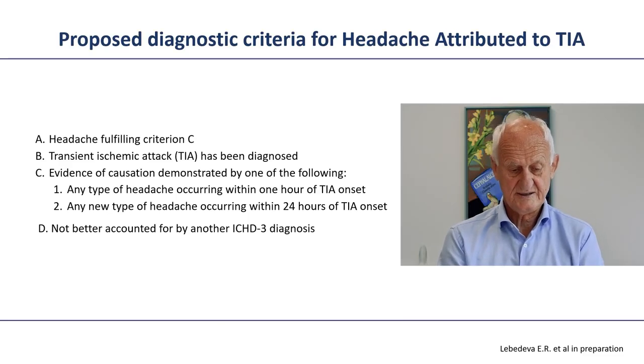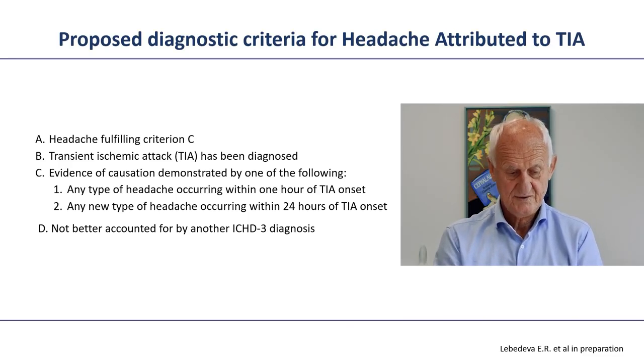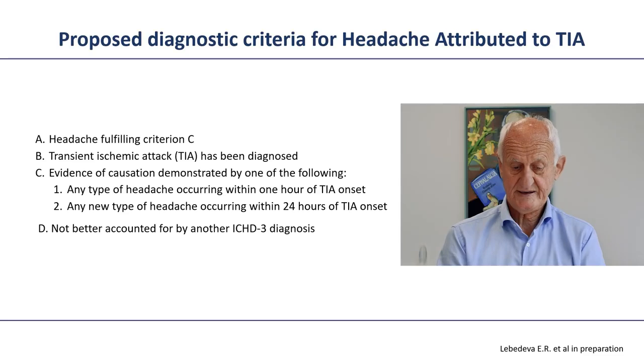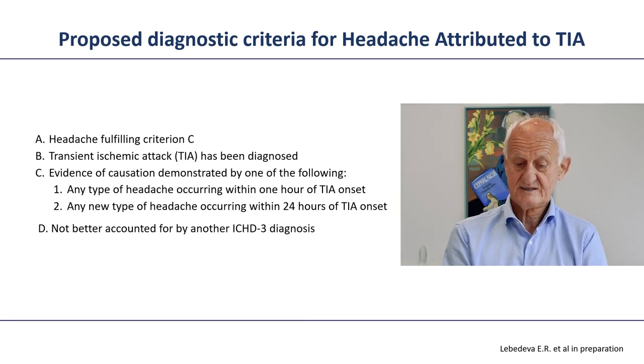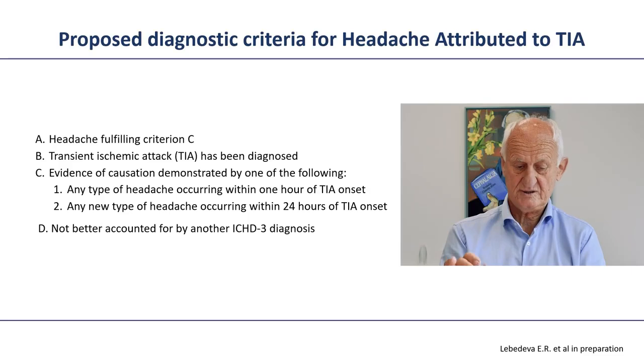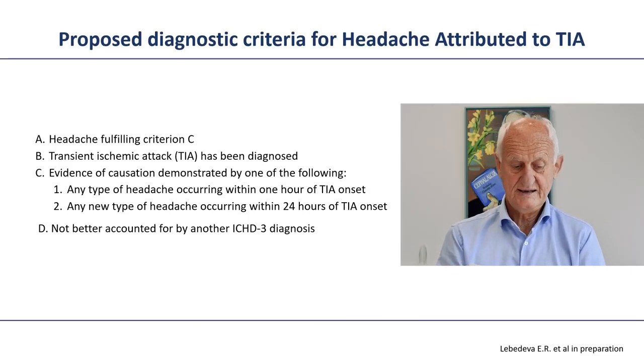So now the evidence of causation was any type of headache occurring within 1 hour of transient ischemic attack onset. Now you see it's very specific, within 1 hour. And any type of headache that occurred within 24 hours of TIA onset, if it's a new kind of headache.